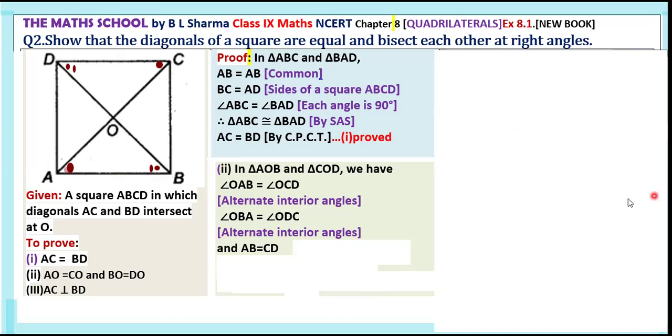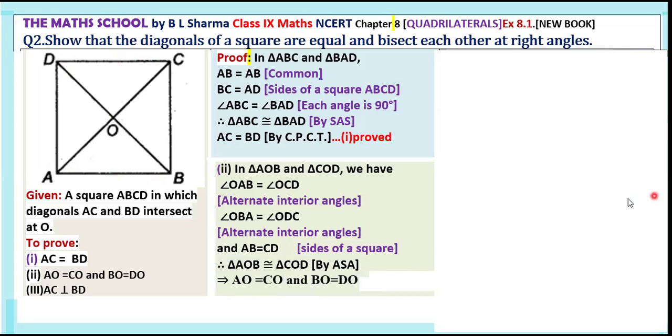So we can write triangle AOB is congruent to triangle COD, and so by CPCT, AO is equal to CO and BO is equal to DO. Second part is proved, that diagonals bisect each other. Proof of second part.